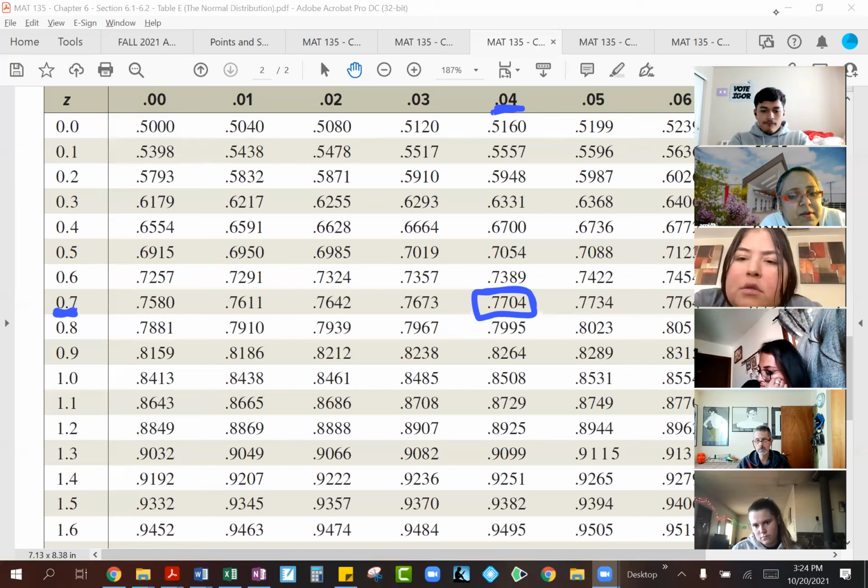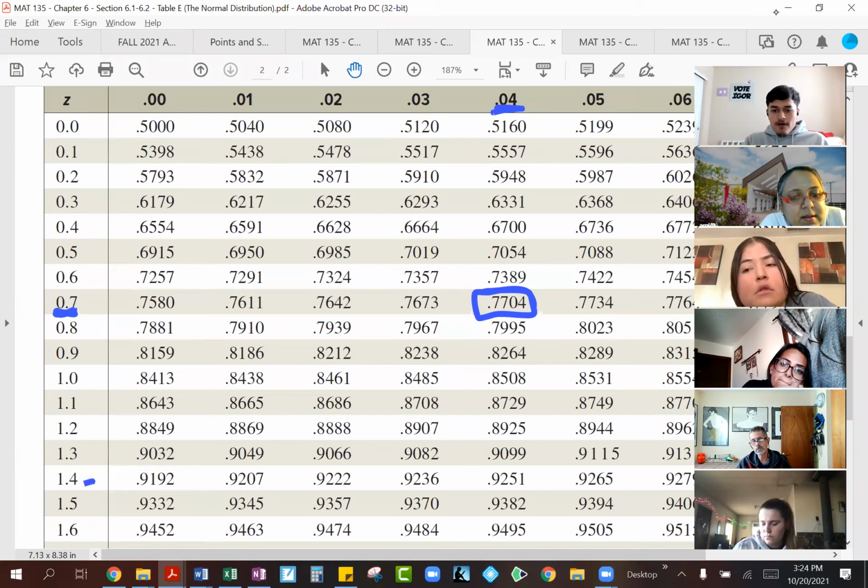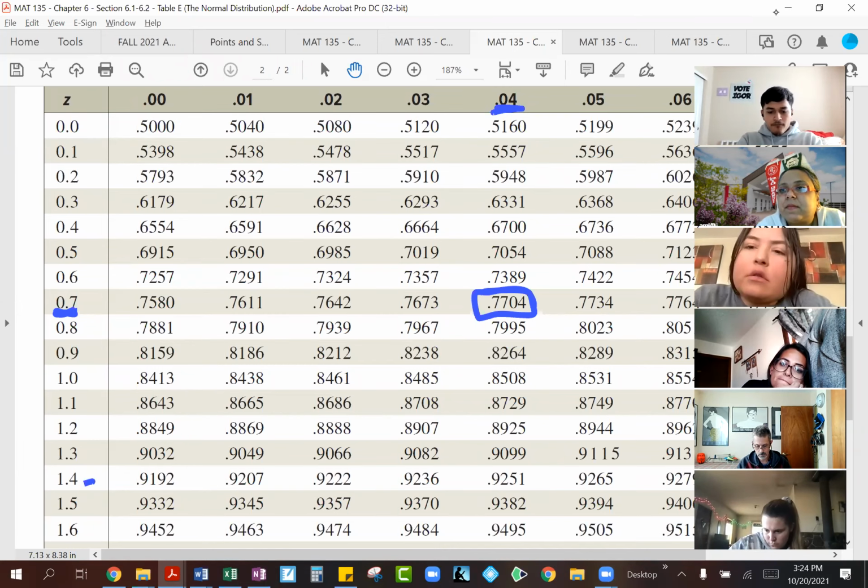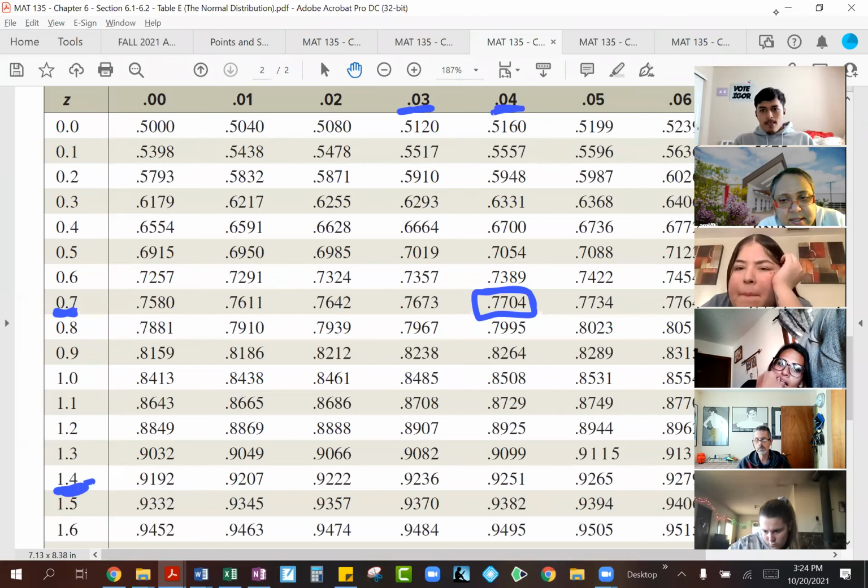So 1.4, and the 3 is over here. So when these guys meet, they are meeting right over here.